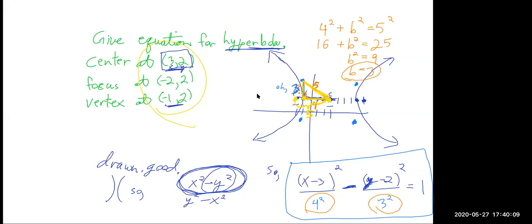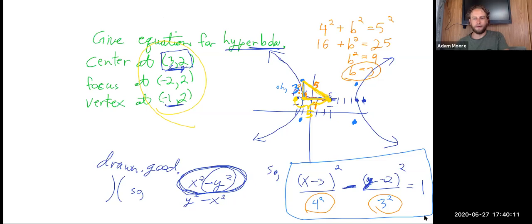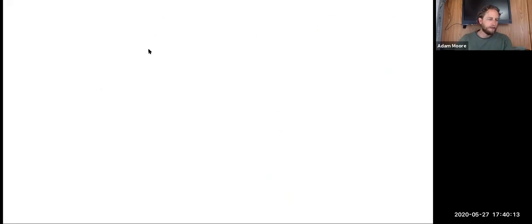Now, this is a lot, like we were saying, to take in at once. So maybe let's try another one together. Let's go center at 3, 6.